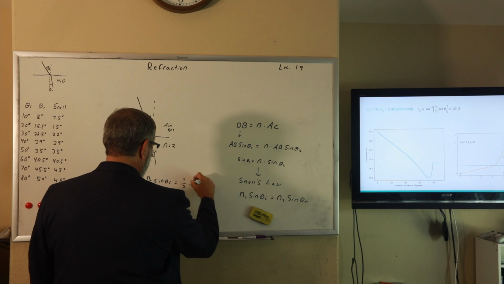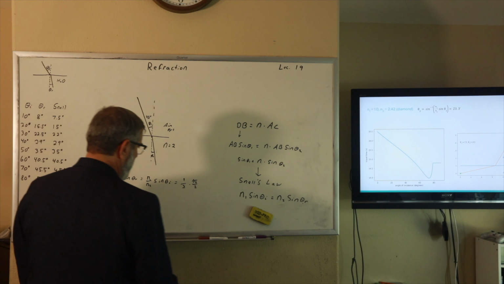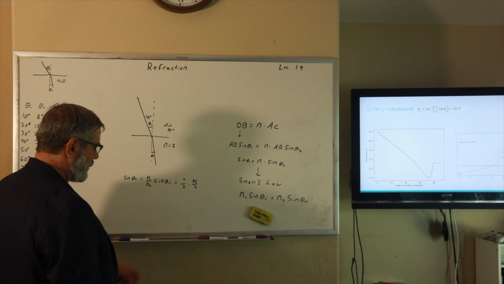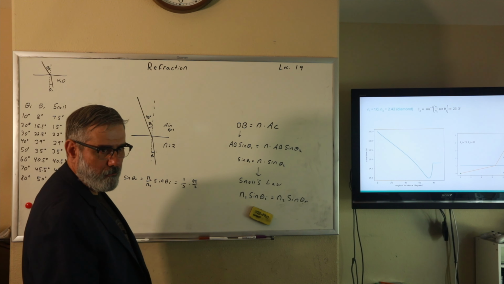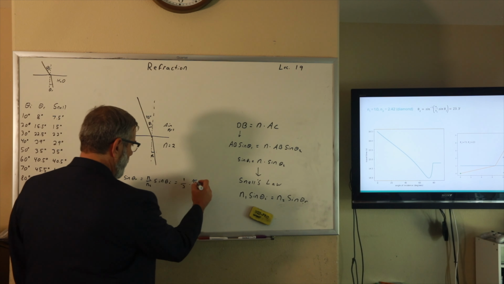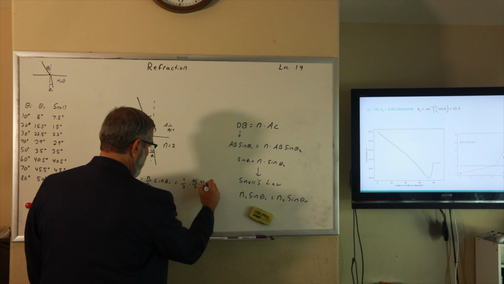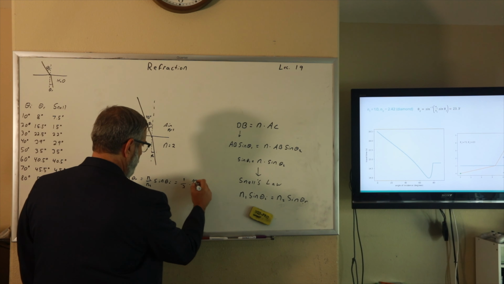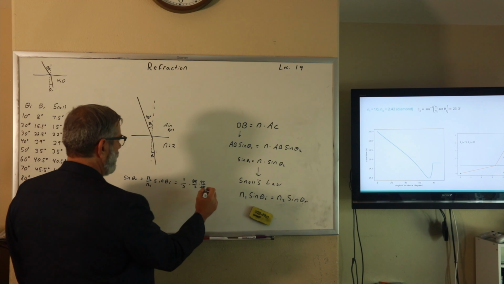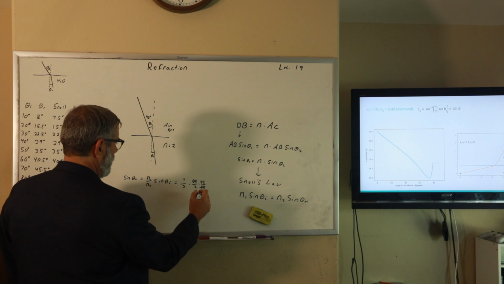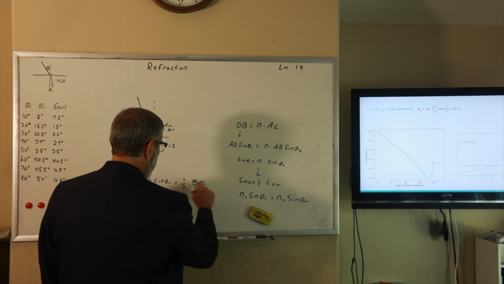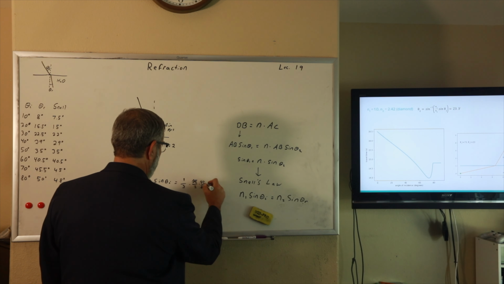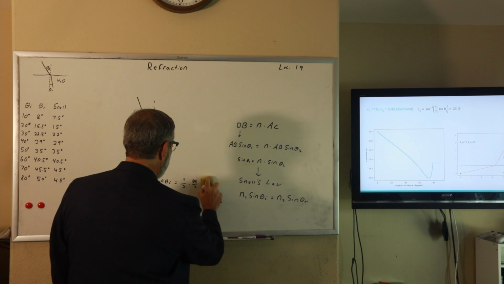So this will give me the square root of 2 over 2, which you guys remember is the same thing as 1 over the square root of 2? Because if I multiply the top and bottom by the square root of 2, let me just do this as an aside.